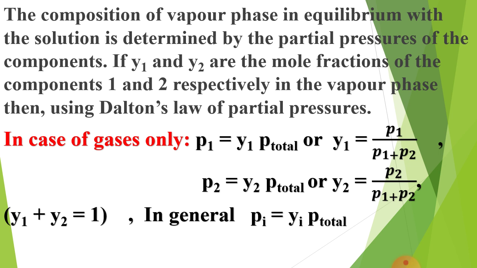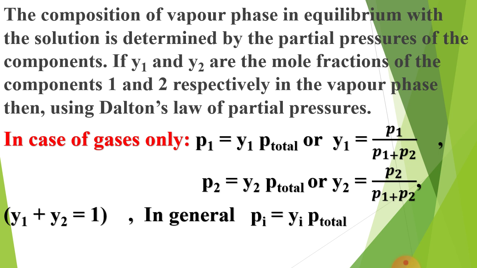Now, the composition of the vapor phase in equilibrium with the solution is determined by the partial pressure of the components. If Y1 and Y2 are the mole fractions of components 1 and 2 respectively in the vapor phase, then using Dalton's law of partial pressure, you can use this formula when the mole fraction is asked in the vapor phase.